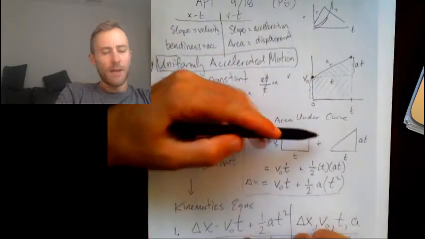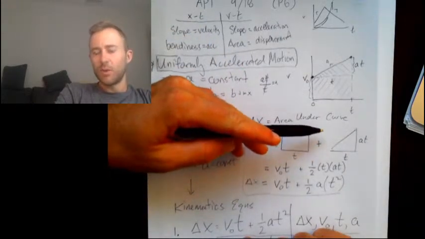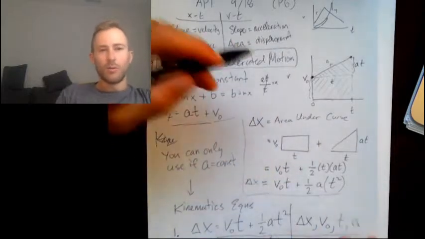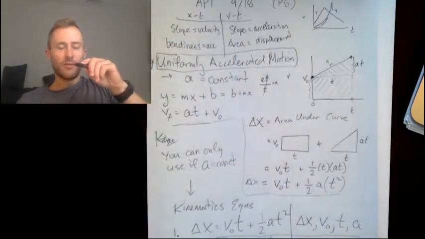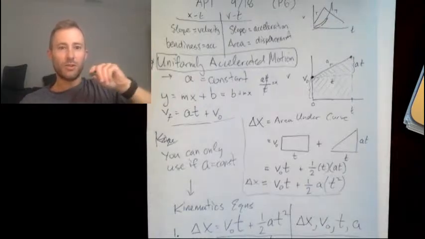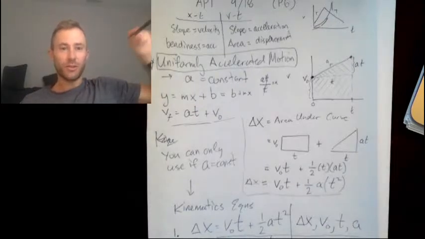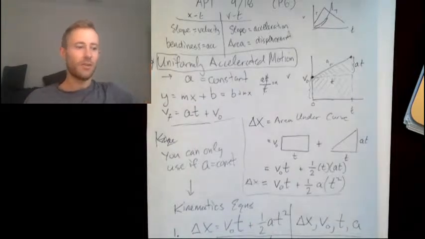Oh, we have a good question in the live chat, which is why is the height AT and not A? Well, the thing you want to think about with a line is that the further the line goes horizontally, the more opportunity it has to rise. So the amount that a line rises depends on how wide the line is, right?